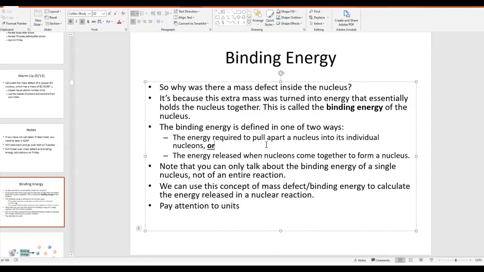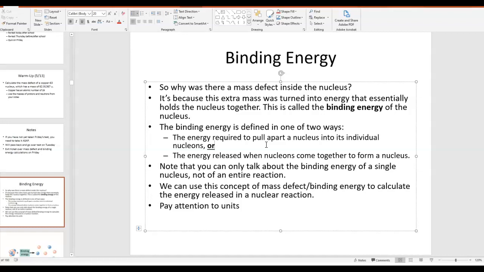In other words, if I take my helium-4 nucleus and I reach inside and take out those 2 protons and the 2 neutrons and separate them, the amount of energy it took me to do that is defined as the binding energy for that atom. Notice that the term binding energy only applies to a single nucleus, not to a nuclear reaction. So when we talked about the mass defect for a nucleus, that energy goes to this thing called binding energy.